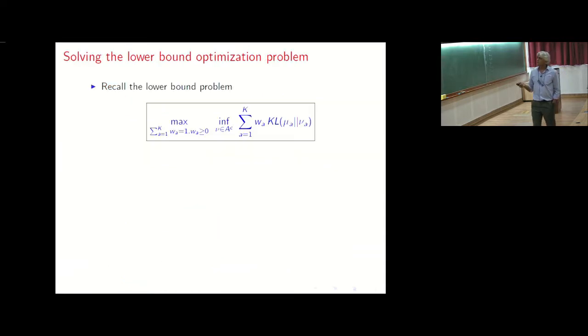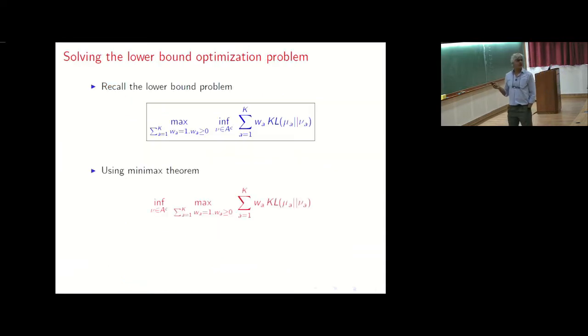So let's move on. Let's just solve this problem now. I haven't told you what the W's are, so let me show them right now. Again, we are solving this max-min problem here. Because A complement is a convex set, with some kind of compactification, you can show that one can use the min-max theorem. Science min-max theorem can be used. So then, this just becomes an infimum, it's just a saddle point, right? You can first minimize and then maximize, or you can first maximize and then minimize, you get the same answer.